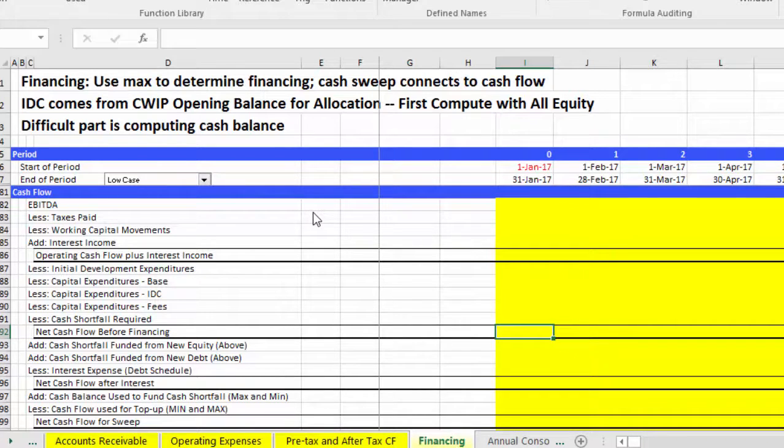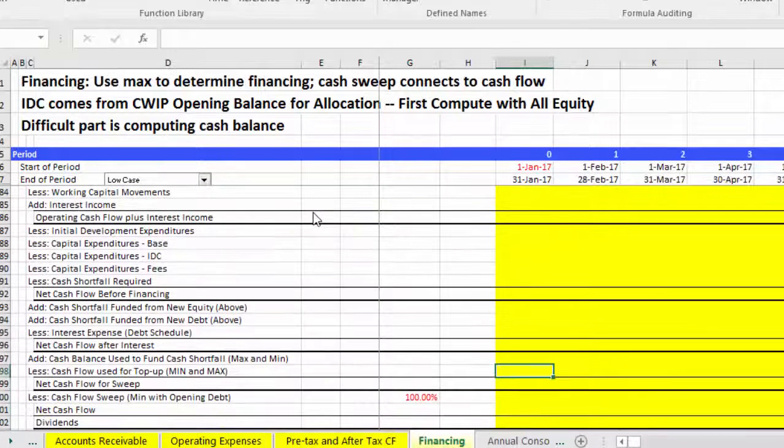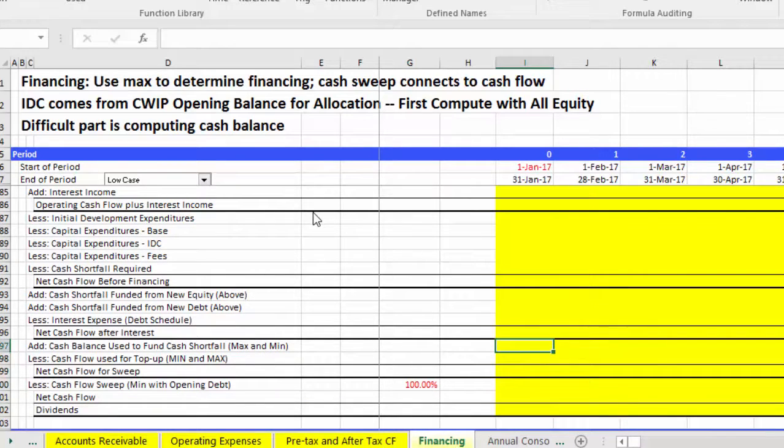That's how we get the amount of financing. And then when we go to the cash sweep, we use a minimum combined with a maximum. You're only going to sweep if it's positive. The cap, when you say minimum, you could almost say cap, is the amount of debt that's outstanding, and you're going to do almost the same thing with the cash balance.